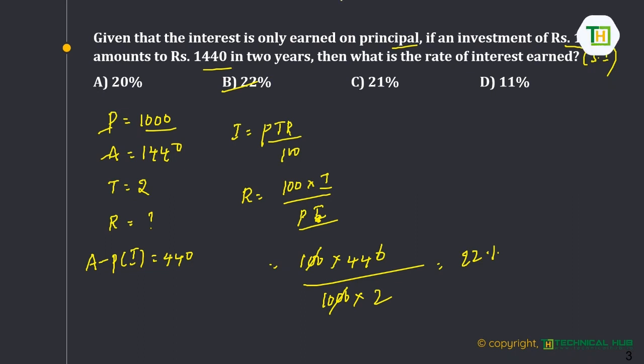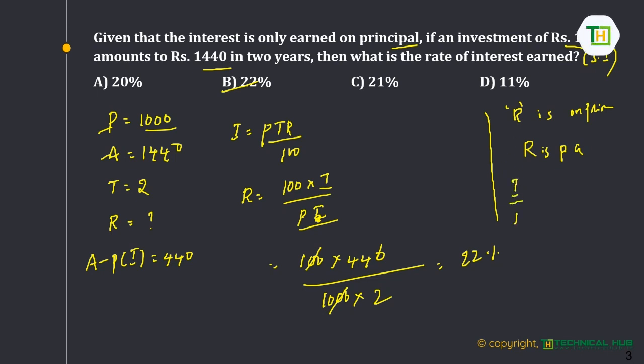You can calculate this type of questions directly. So you know R is always calculated on the principal. Also rate is always per annum. Okay. See here, what is the interest?